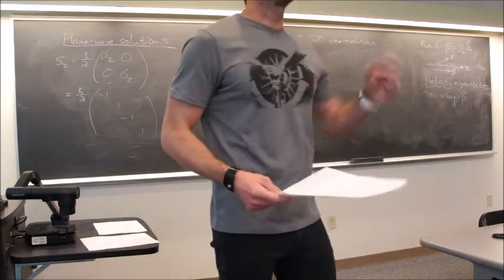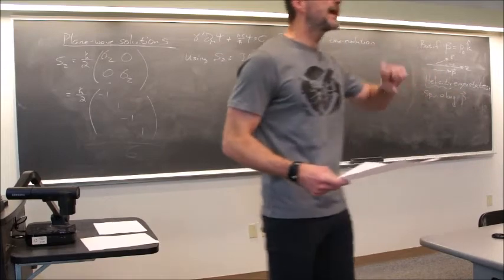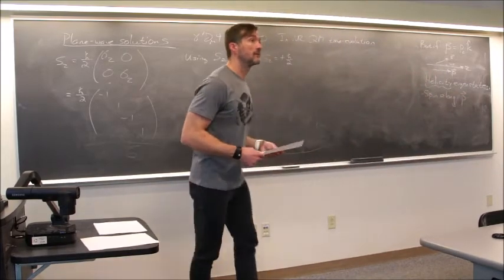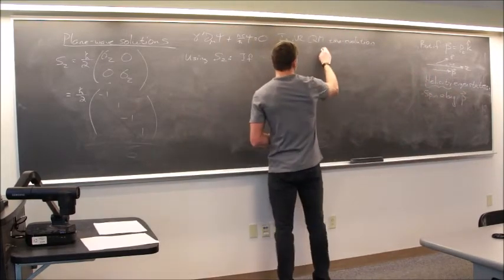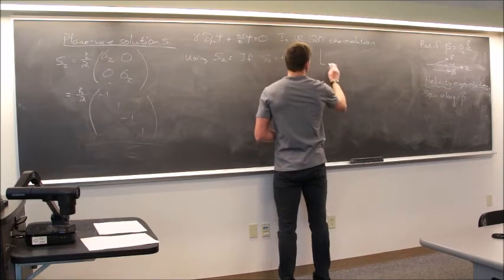That's why we call it a degree of freedom of the particle. We can change the z component of spin. All right? How would we do that? Well, let's take a coordinate system.